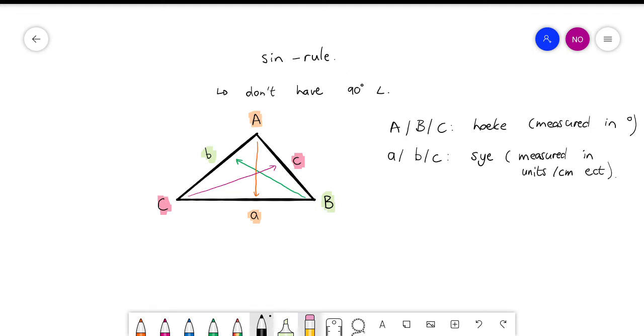En hulle word gemeet, gewoonlik meet ons hulle sommer net in eenhede, so then we don't say whether it's meters or millimeters or whatever, maar hulle verstaan dis mates van afstand. So whatever they ask you in that question, it must be a measurement of distance.